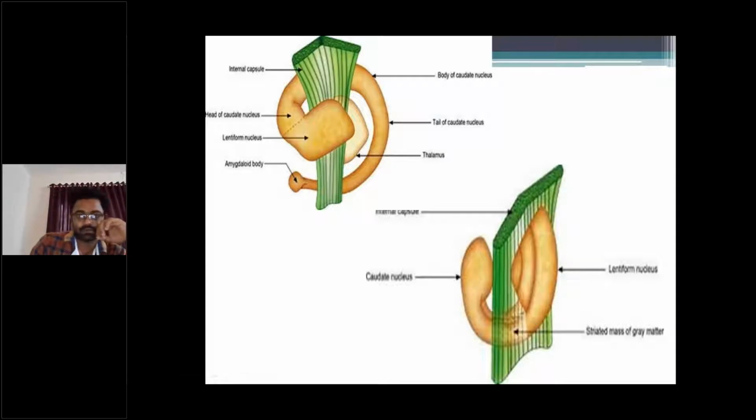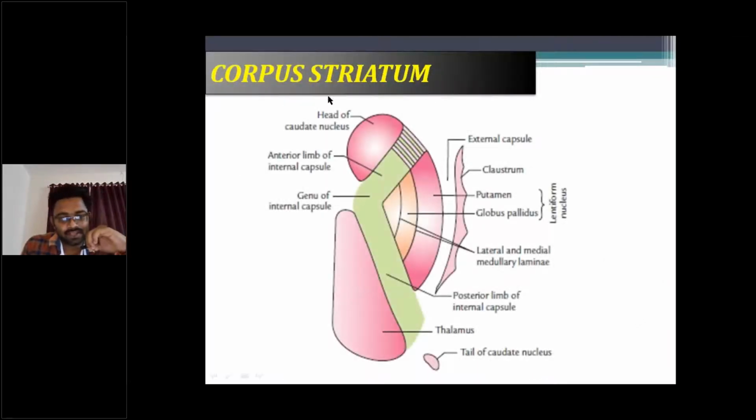So the corpus striatum comprises the caudate nucleus and lentiform nucleus, and the internal capsule divides them.